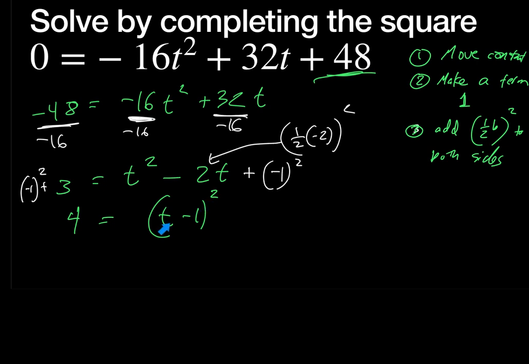Now I'm solving for t, which is inside the parentheses. I need to eliminate the parentheses by doing the inverse operation. The inverse of squaring is the square root, so plus or minus 2 equals t minus 1.